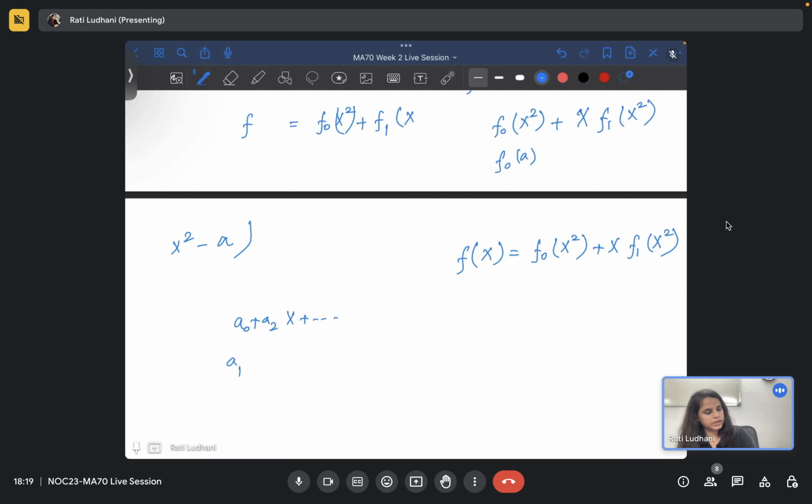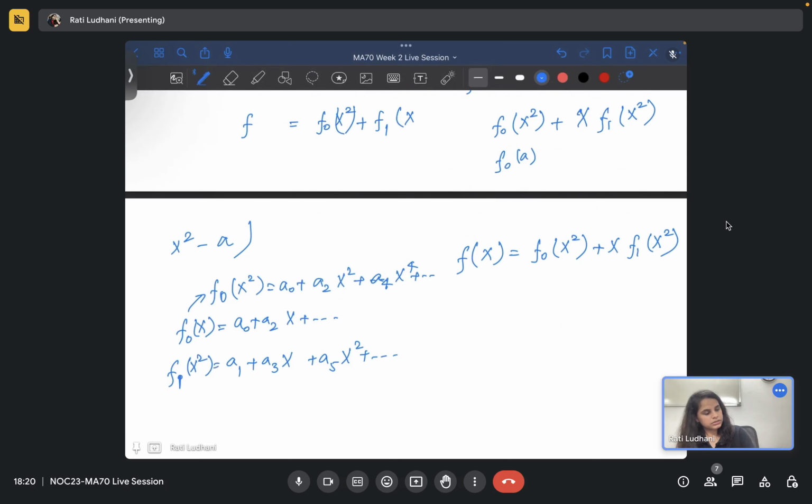The other is a1 plus a3x plus a5x square up to and so on, and you have this f0 x, and you will get from this f0 x square, it will be a0 plus a2x square. So powers will be managed in that sense, a4 x raised to power 4 up to and so on, and here f1 of x square you will get this, and then you multiply by x.